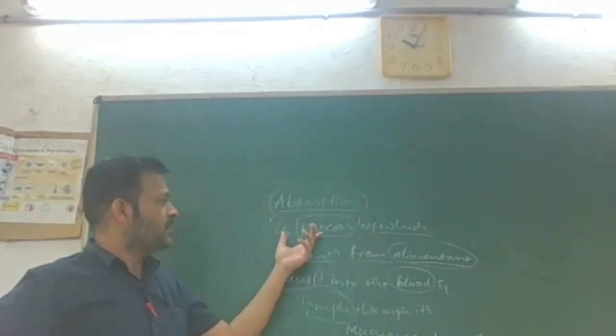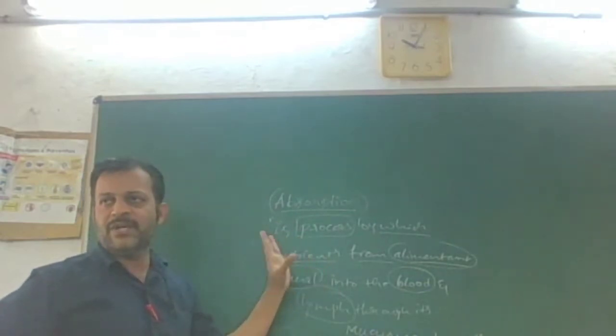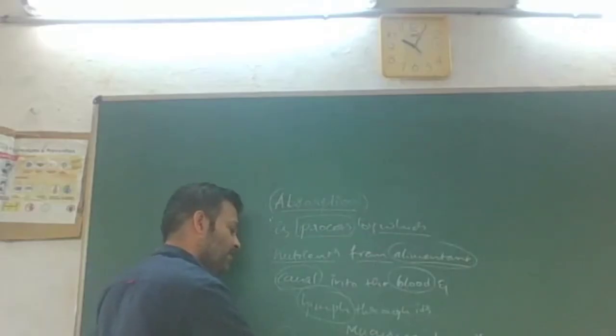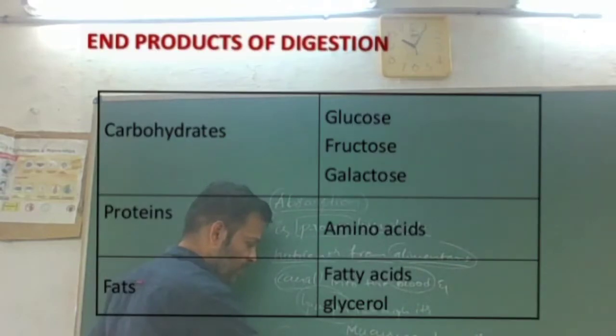Absorption is a process. Nutrients, whether carbohydrate, protein or lipid, are all converted into simple forms. Carbohydrate is converted into glucose, protein is converted into amino acid, and lipid is converted into fatty acid and glycerol.